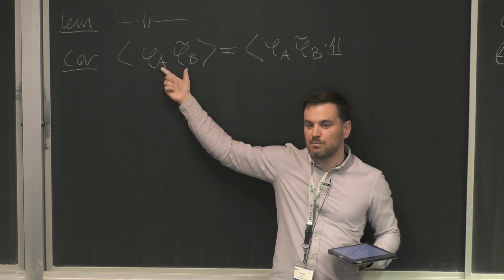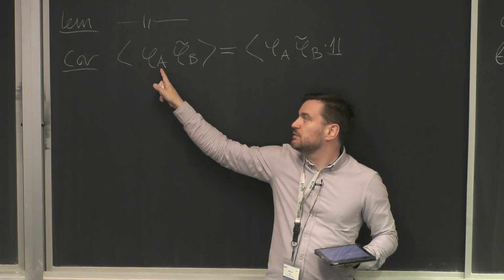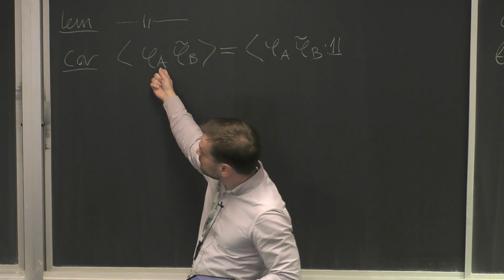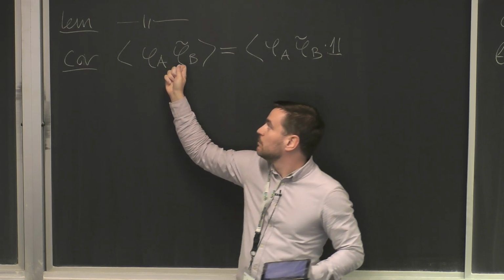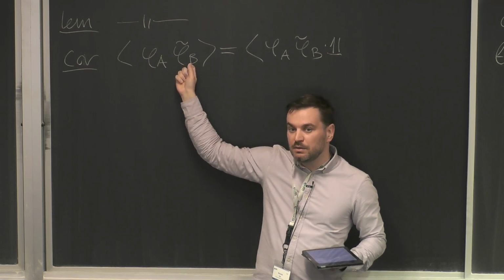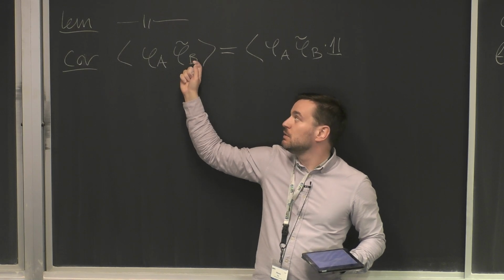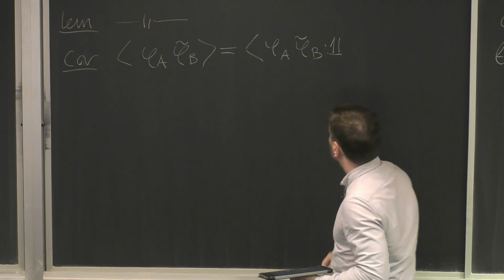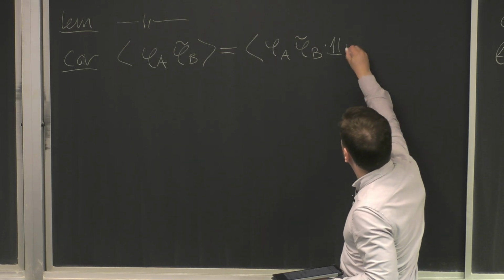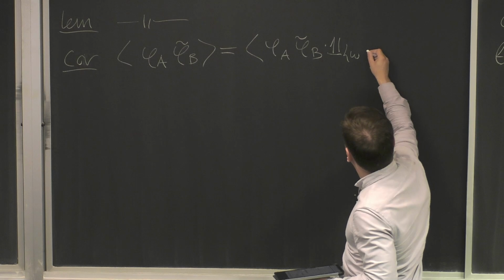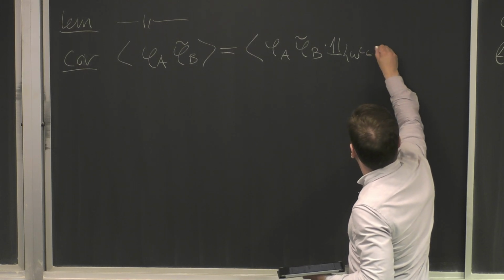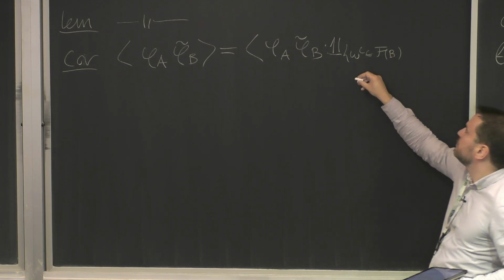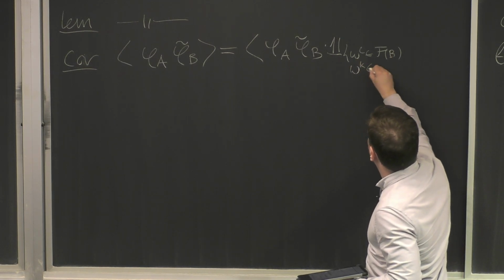Because after I've sampled all these clusters, if there is a cluster of iota which has an odd number of vertices in B, I can flip it, and it will zero this correlation because this will flip. So the only event that is left is, we call it, omega iota is in F_B, say, meaning every cluster has an even number of B vertices, and omega kappa is in F_A.